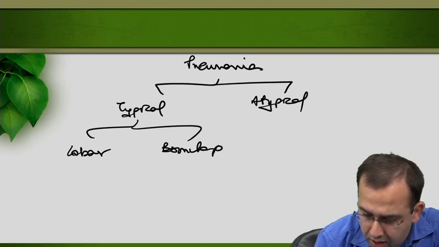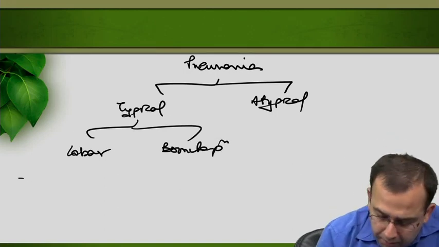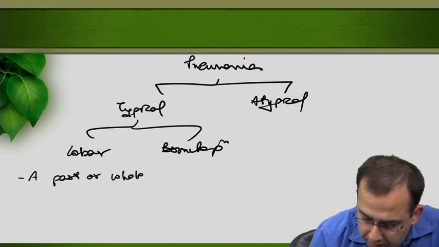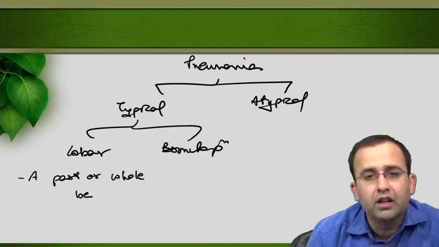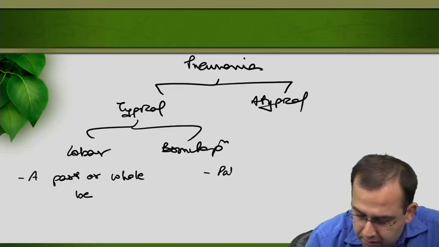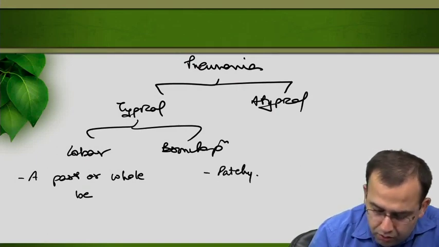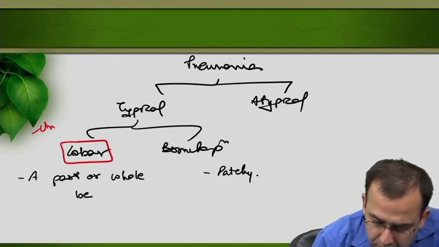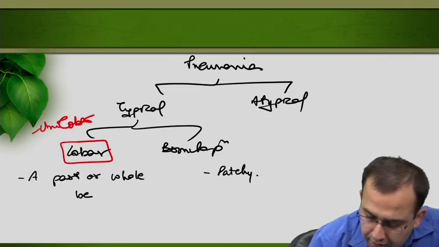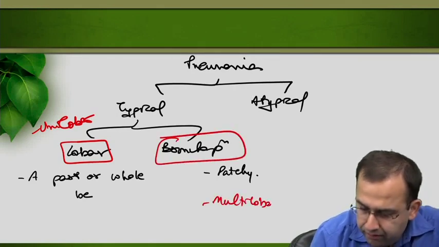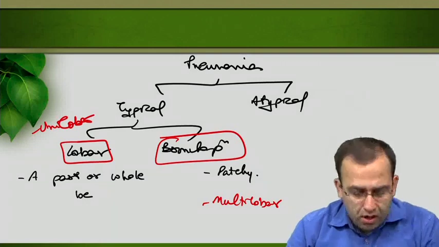In lobar pneumonia, a part or whole lobe of the lung is involved, versus bronchopneumonia, which is patchy involvement. So I can safely say that lobar pneumonia is unilobar in nature versus bronchopneumonia, which is multilobar in nature. I guess all of you are okay with this.